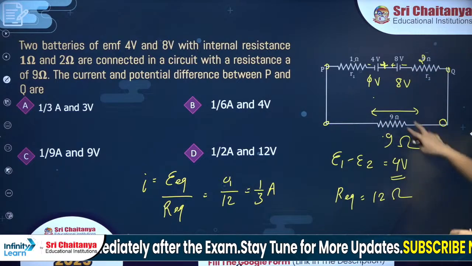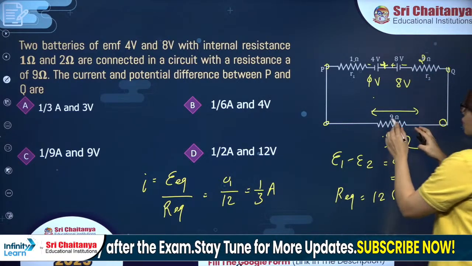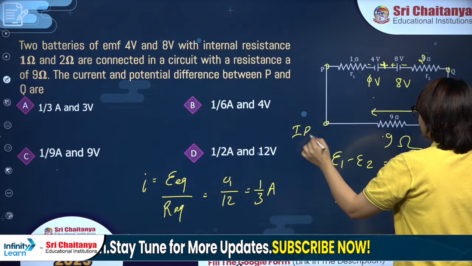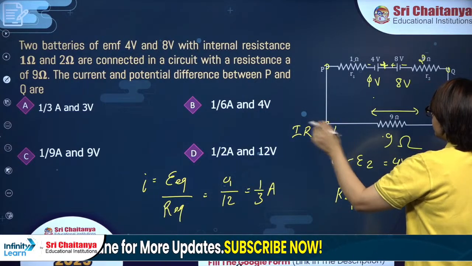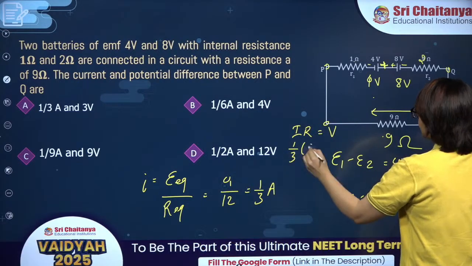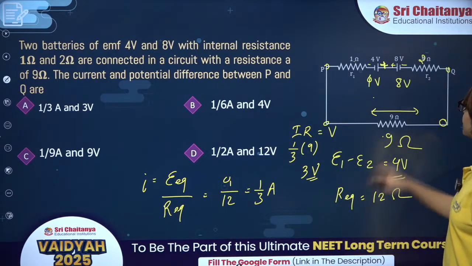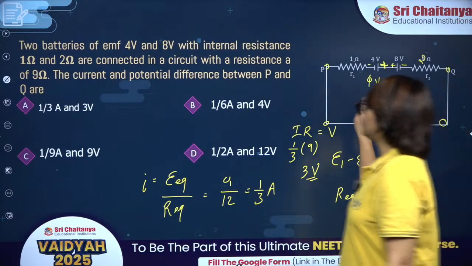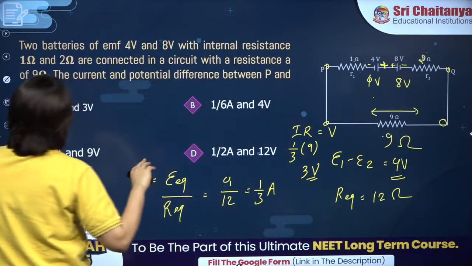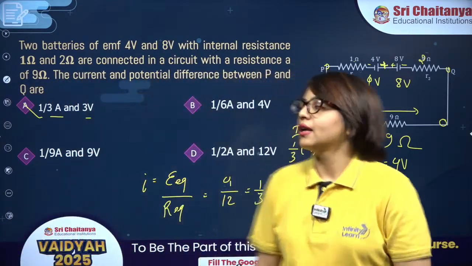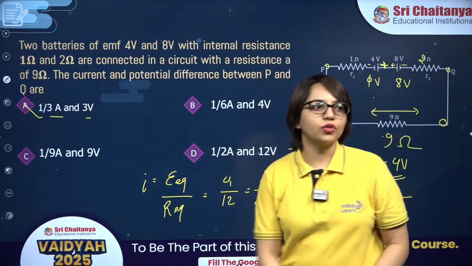So potential difference across the resistor of 9 ohm is I R. I is 1 by 3, R is 9, so it will be 3 volt. So the potential difference between P and Q is 3 volt. The correct answer is option A, 1 by 3 ampere and 3 volt.